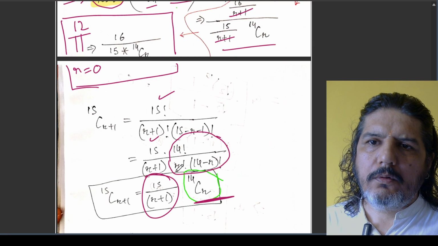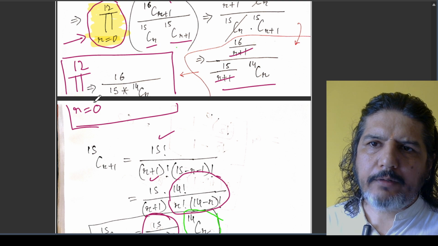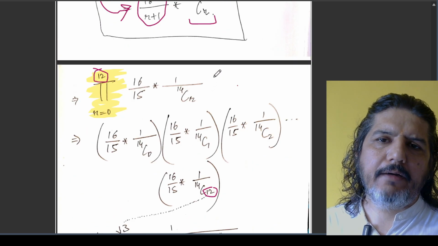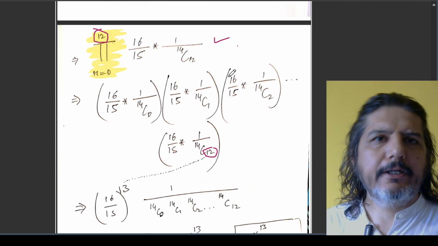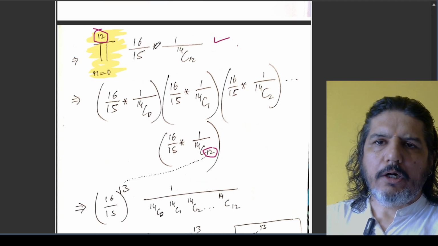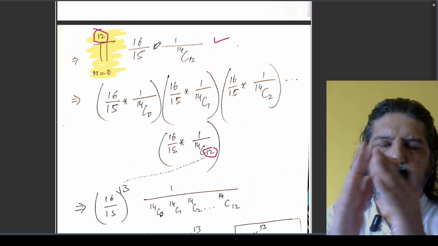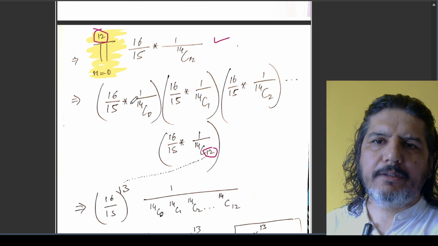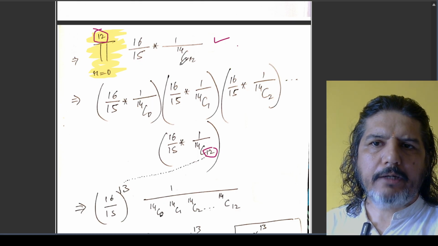So this pi, r goes from 0 to 12, 16 upon 15, 14C r, can be written here. Now let's look at this again. When I expand this, I can write this as 16 upon 15, 14C r, r goes from 0 to 12.